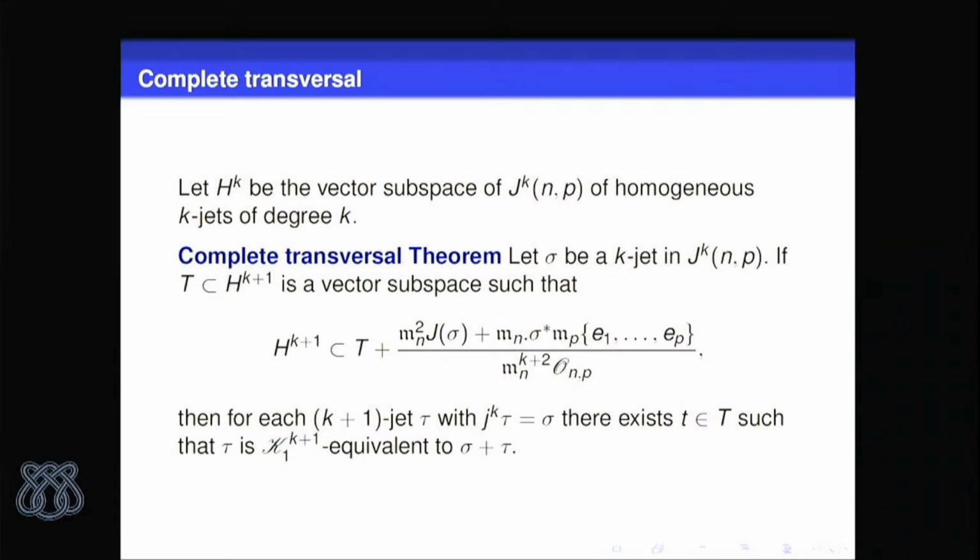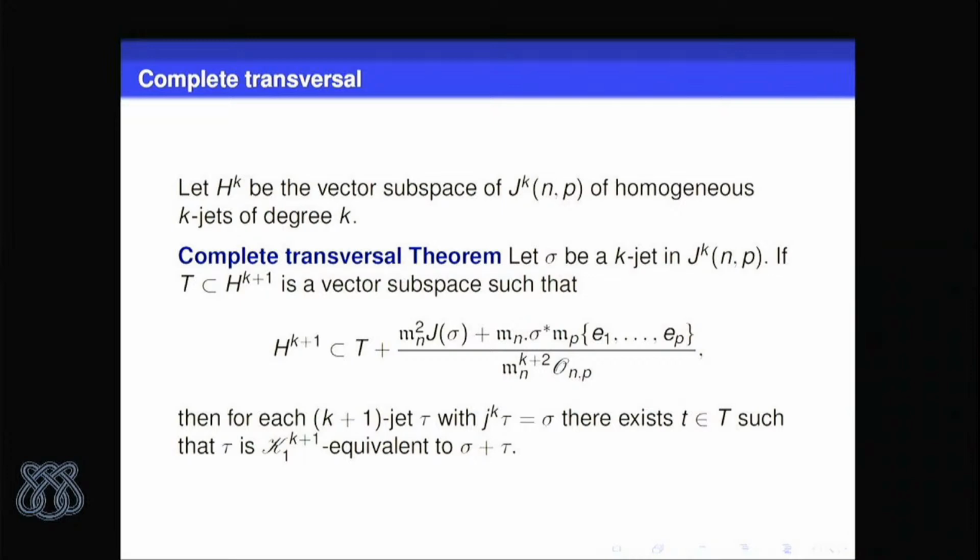This is the tangent space in the jet space. Then any k+1 jet that has the same k-jet as sigma is equivalent to sigma plus tau, where tau is an element of T, and T is called the complete transversal.